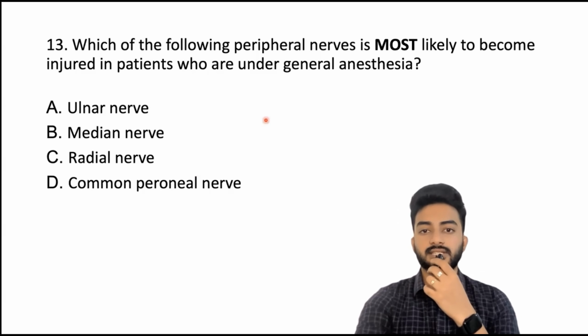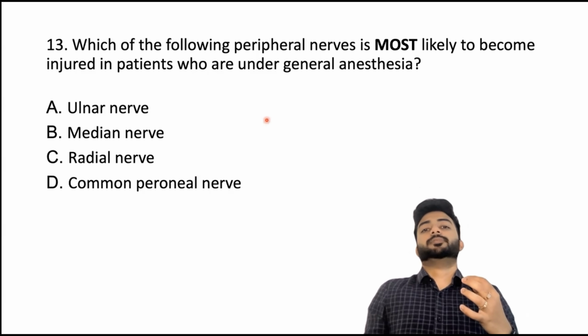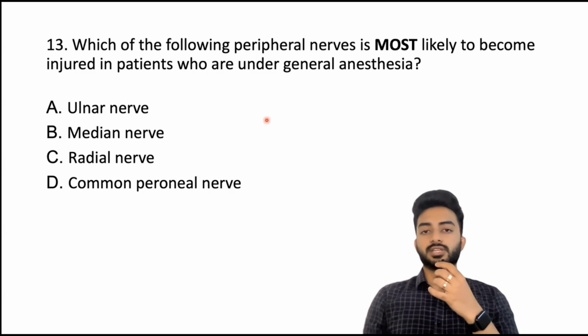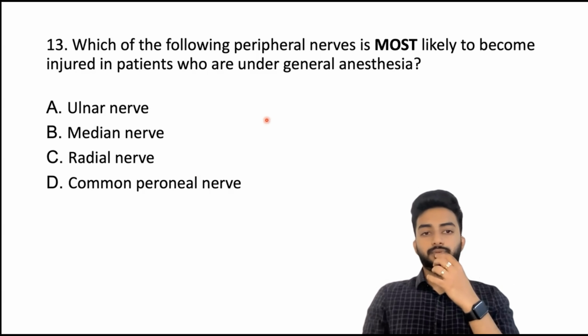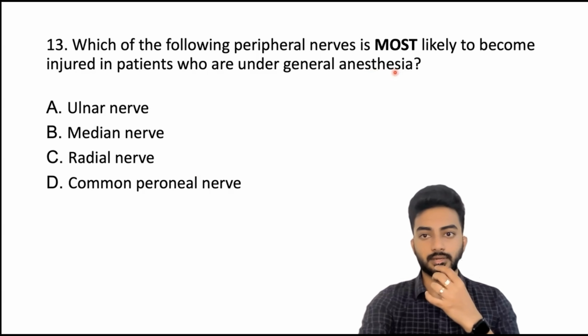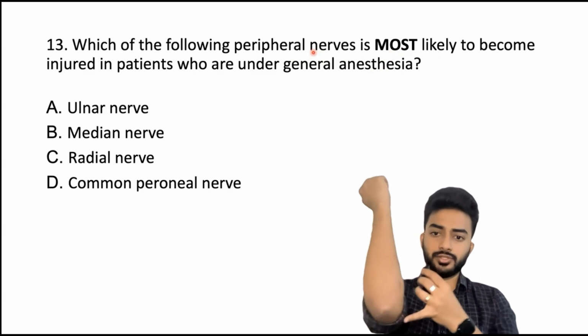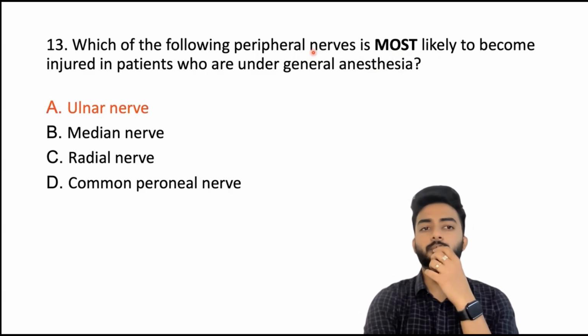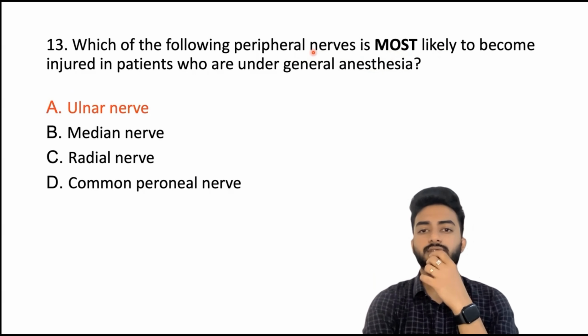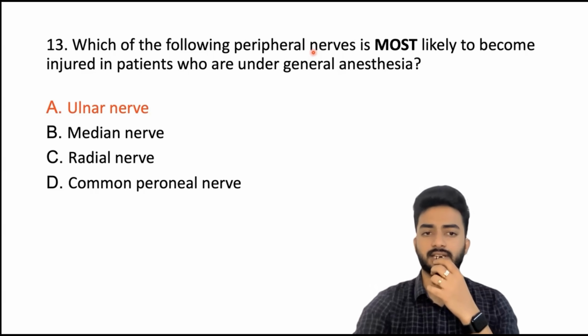If a patient is lying supine under general anesthesia, supine is the most common position in a patient undergoing general anesthesia compared to other positions. So in a supine position, the most likely peripheral nerve to get injured is your ulnar nerve. They have seen it to be most likely injured in a patient who is undergoing general anesthesia.